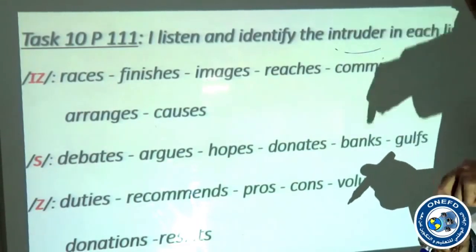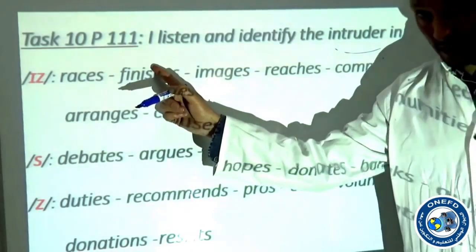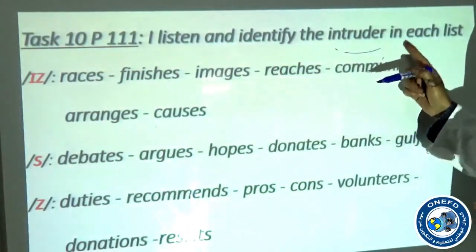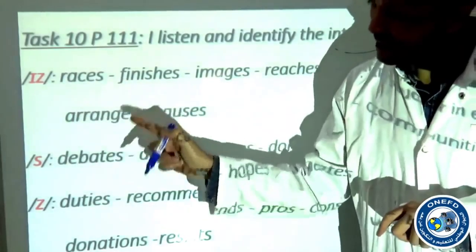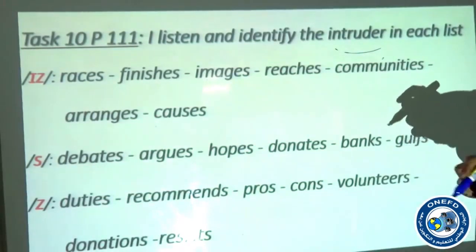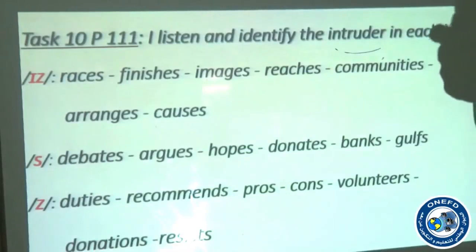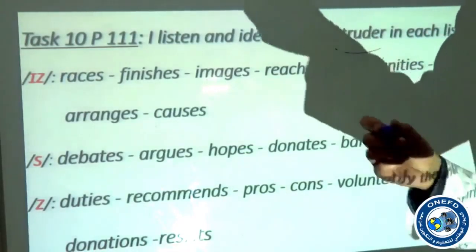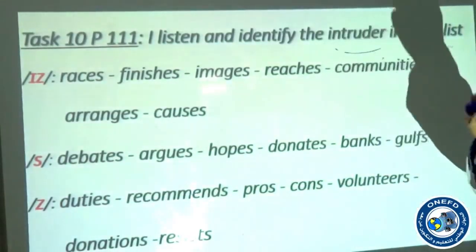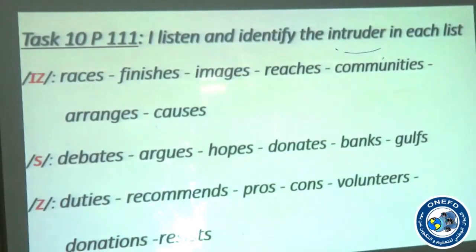Intruder means the word that does not belong. Okay? So, I repeat. I listen and identify the intruder in each list. These are lists 1, 2, and 3. You listen well, and you can use your pencil and cross it out, underline it, or put it in a circle, as you like. So listen to the script and identify.